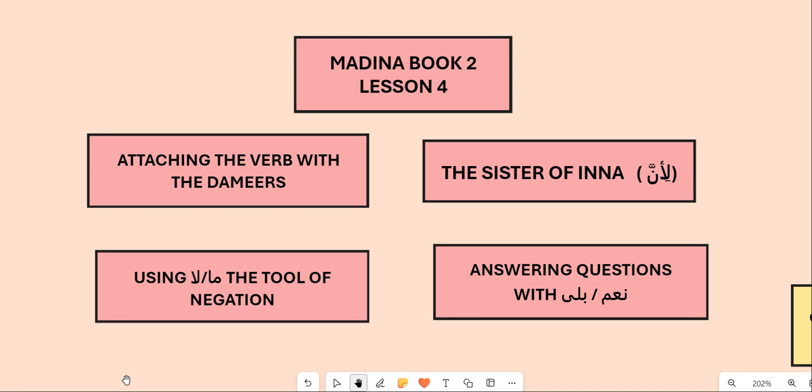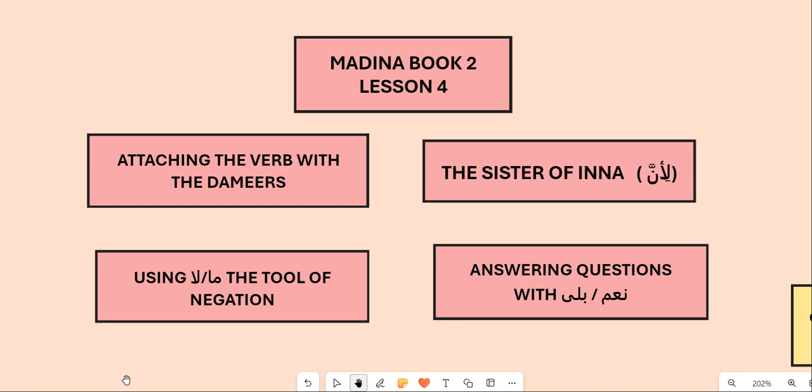And then comes using ma and la, the tool of negation. In this lesson, only ma is introduced, but I have also covered la, because it's good to know how you negate a sentence in present tense. So when you are learning about the past tense, you should also learn about the present.